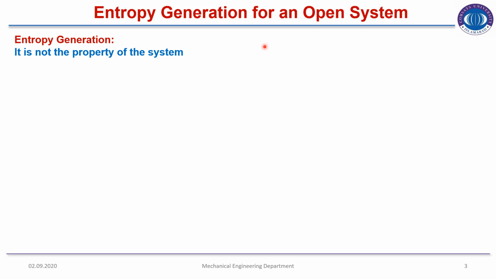Similarly, entropy generation for an open system is also due to the irreversibility within the process. So the first point is it is not a property of the system.